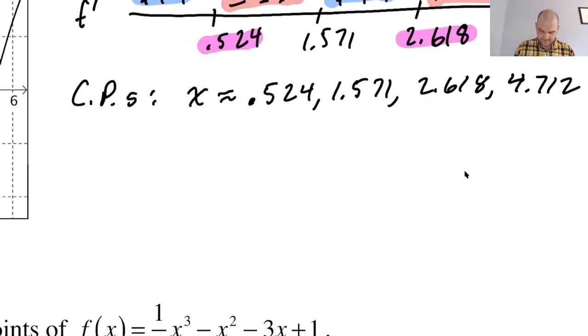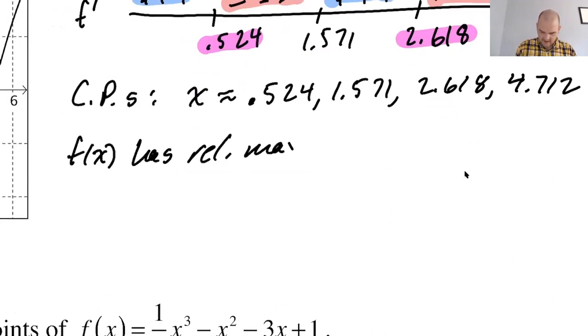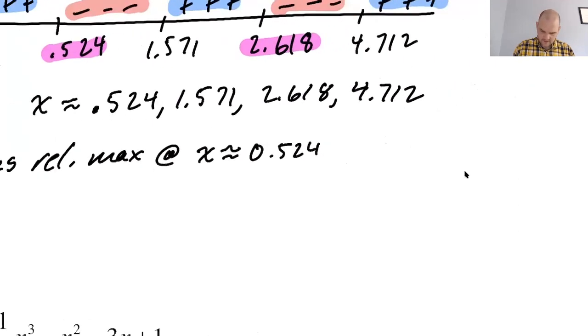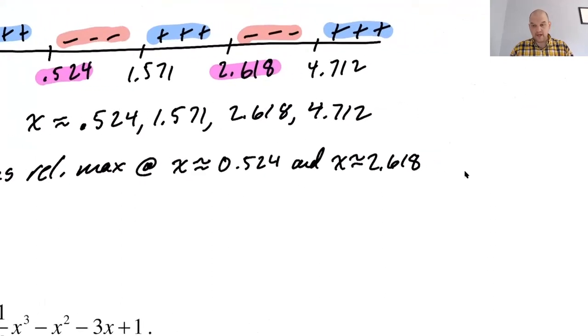I'm going to say f of x has relative maximum at x approximately equal 0.524 and x is approximately 2.618. Okay, now I have to say why. Well, why would you have a relative maximum?